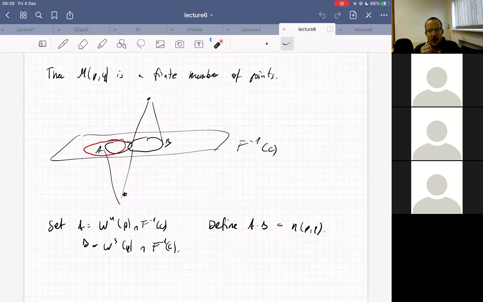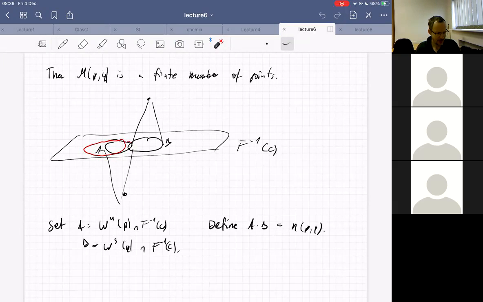The way we think about it, and why it's called the signed count, is that each point of intersection carries a sign, defined by whether the corresponding orientation is plus or minus one. If you say signed count, it means you count points with signs. Some points contribute plus one, some contribute minus one.